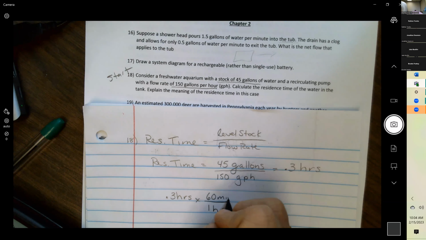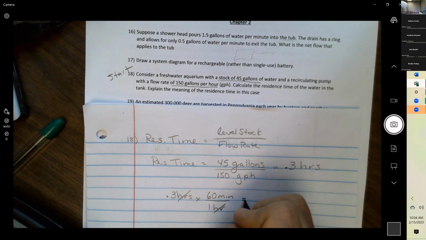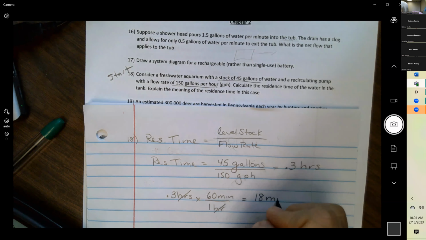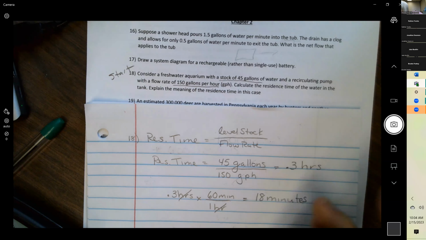And I put hour on the bottom so they would cancel. So it's 18 minutes. The water that's in there is circulated, 18 minutes it takes.